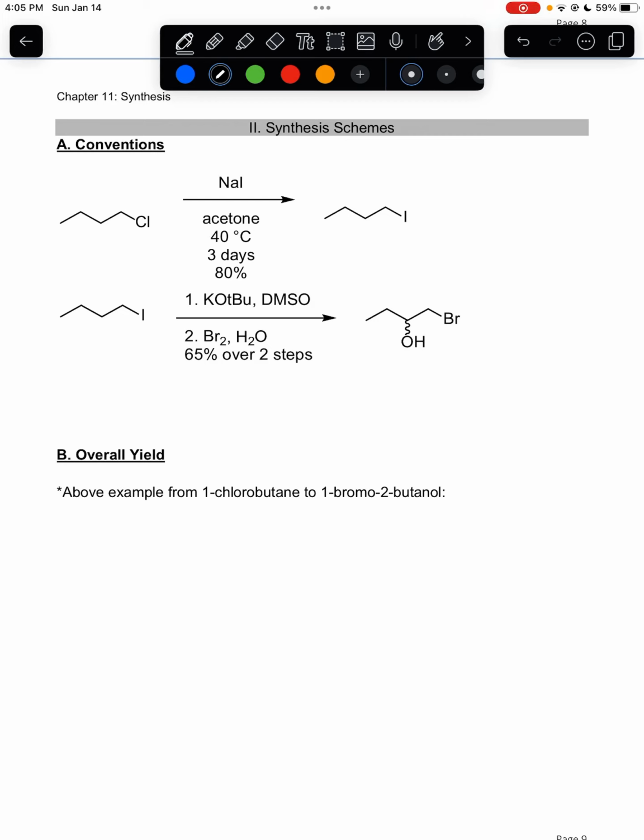The way the synthesis scheme is usually conveyed, here's the typical convention. The first part is probably no surprise to you. Typically on the left, you would have your starting material, right? That's not surprising, I hope. And then on the right, you would have your product.